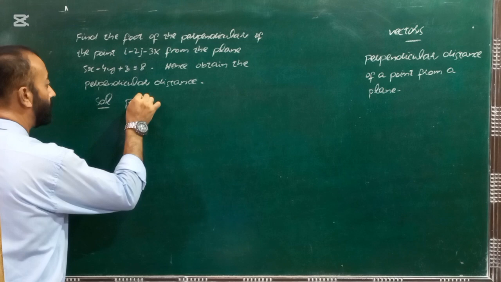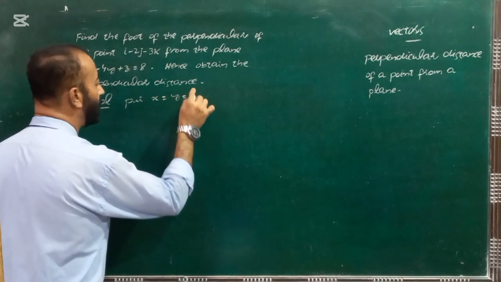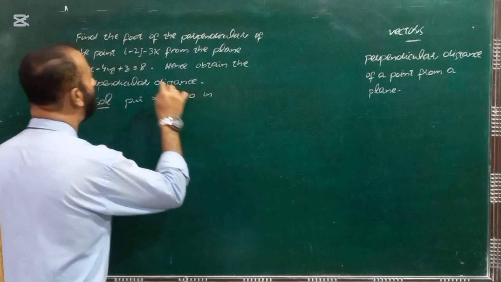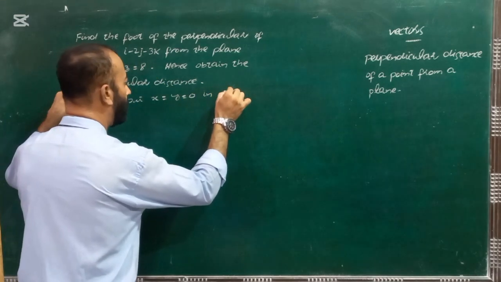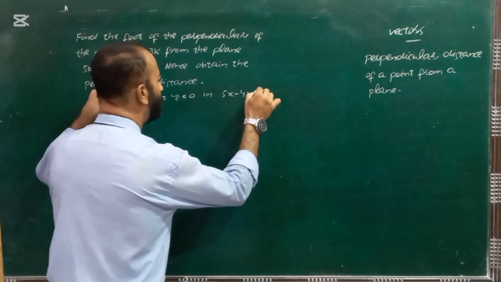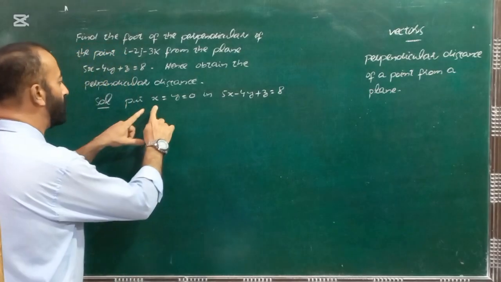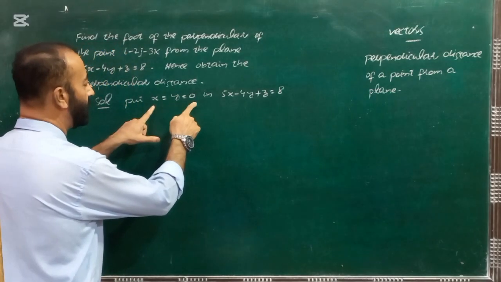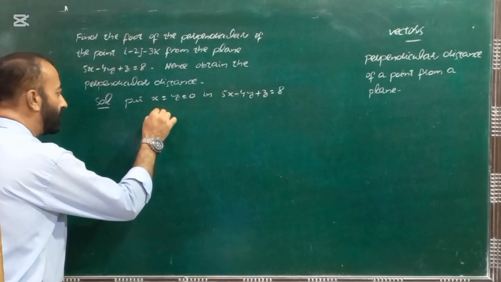Put x equals y equals 0 in the plane. Here the plane is 5x minus 4y plus z equals 8. When we put x equals 0 and y equals 0, z will become 8.